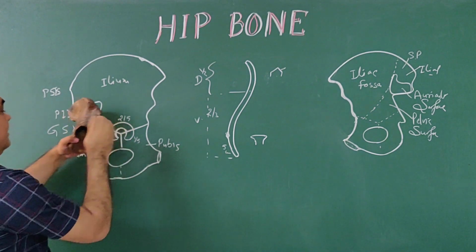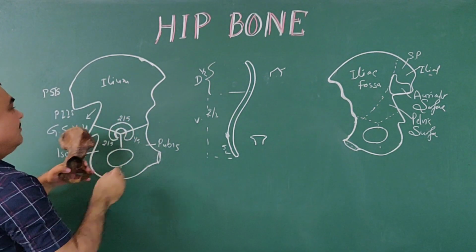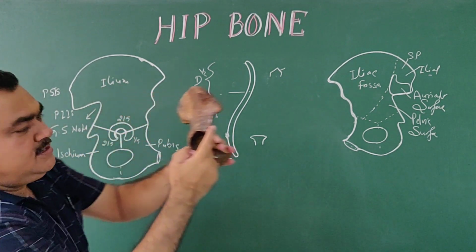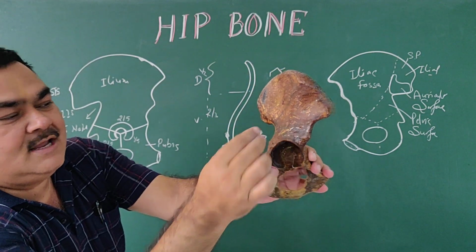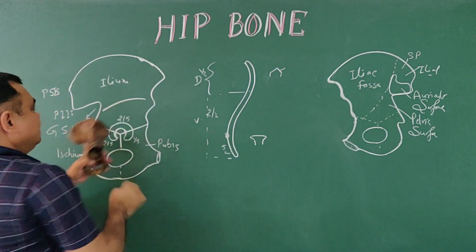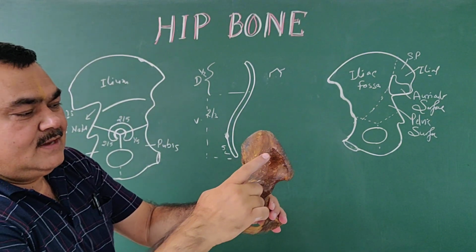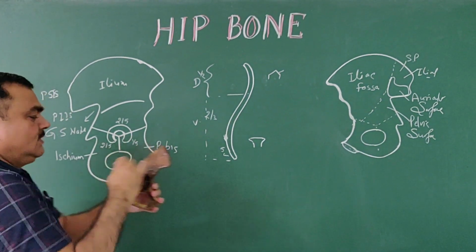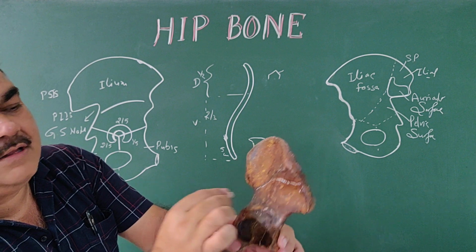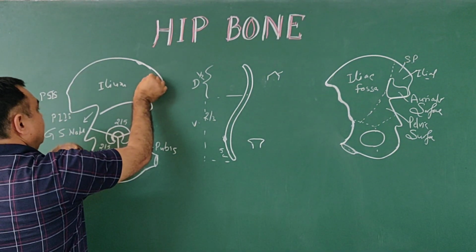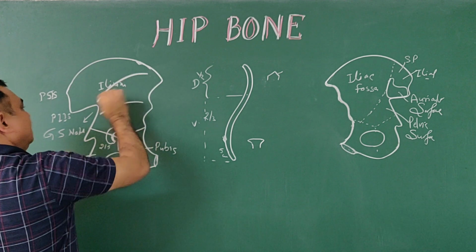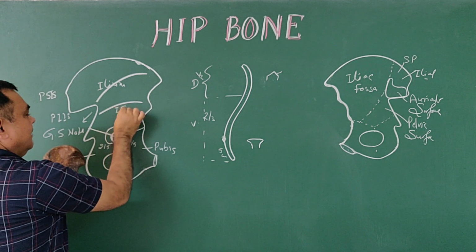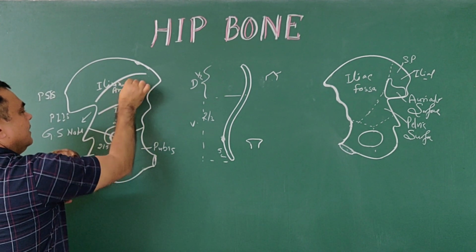This surface is divided into four parts by three lines. Here you can see one line from the anterior inferior iliac spine. This is the inferior gluteal line, and here is another line, the anterior gluteal line.